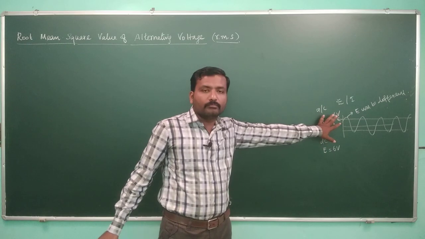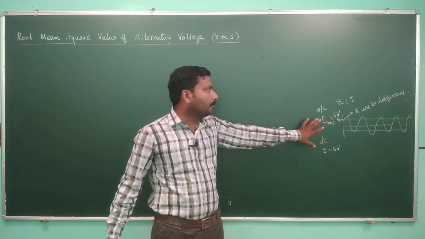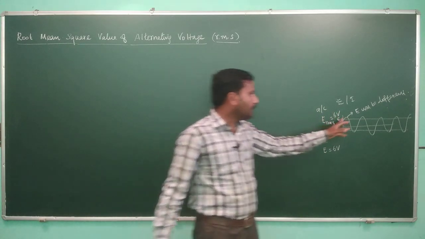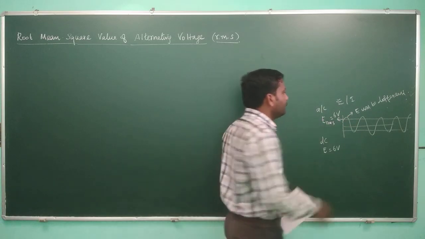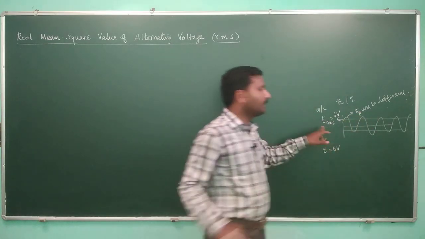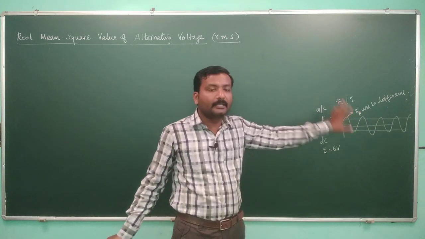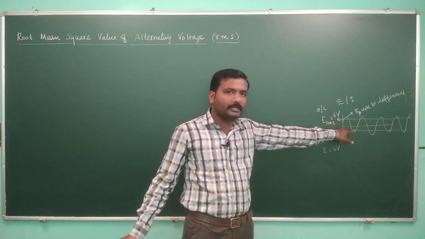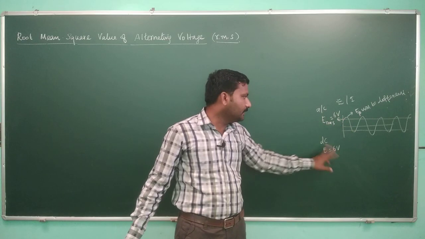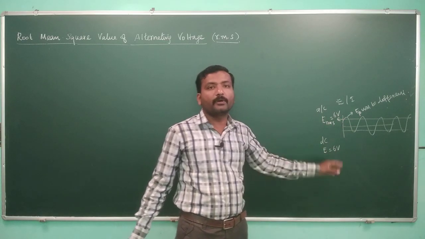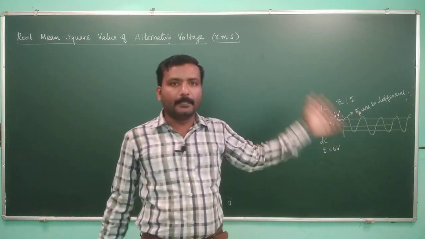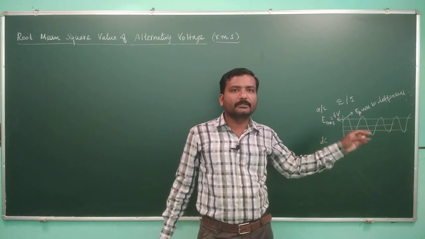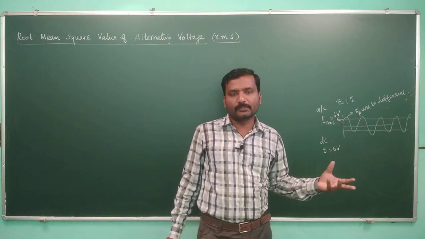That is the effective EMF. What does it mean? That here the peak value EP will be higher than ERMS for an alternating voltage or current. Now, if this effective value of 6 volt for the alternating current is equal to the DC voltage of 6 volt, which means if you apply this to a bulb, both will glow with equal brightness.